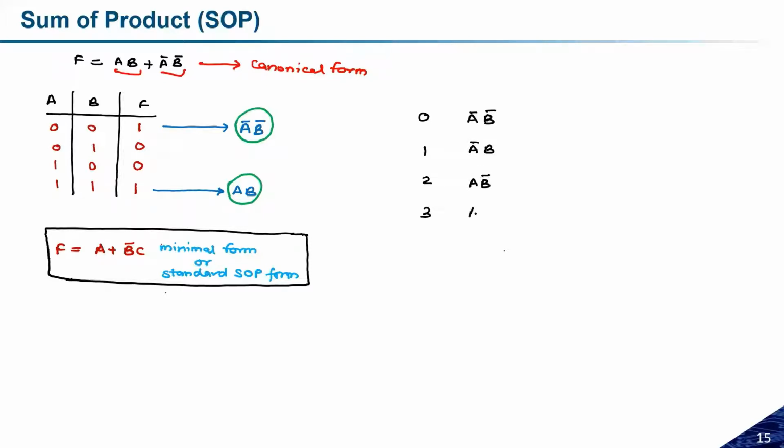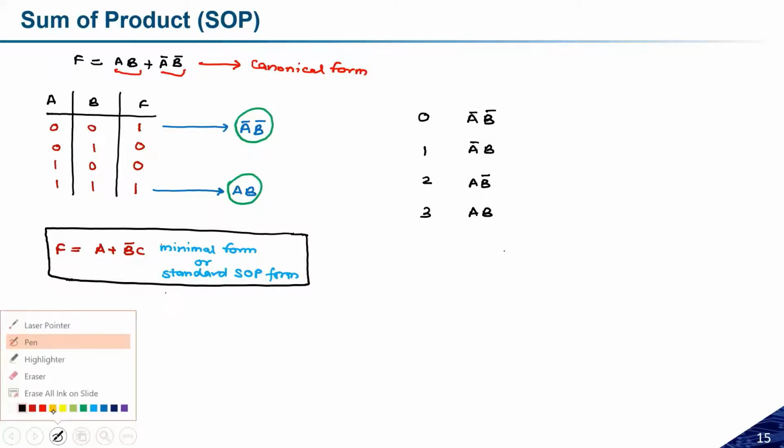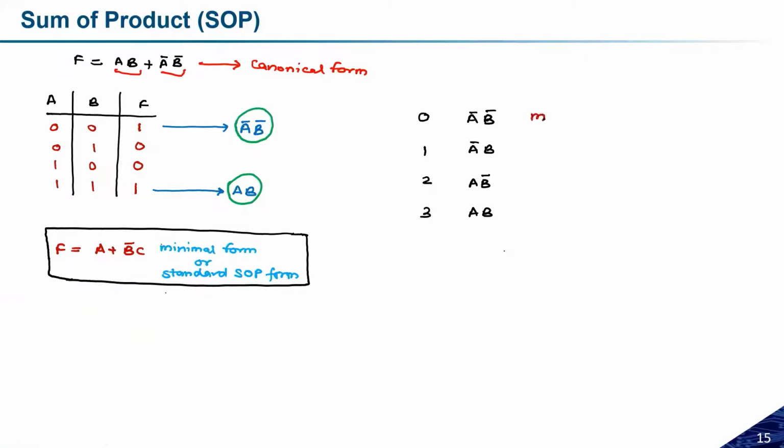And 3 indicates A, B. Okay, so if both the variables in any of these min terms are in the complementary form, we can call it min term 0. So we can call this min term 0, and this is represented with a small m. If I have A bar B, we call it min term 1, then min term 2, and similarly min term 3.